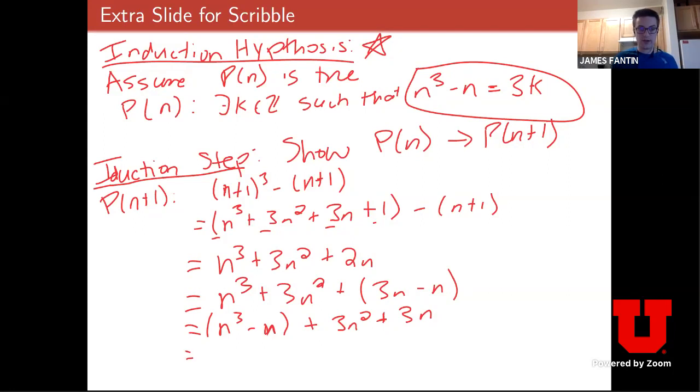And then what do we know about n cubed minus n? Well, from our induction hypothesis, we assume it's true. We know that P of n is true. So we know that n cubed minus n is equal to 3 times k.